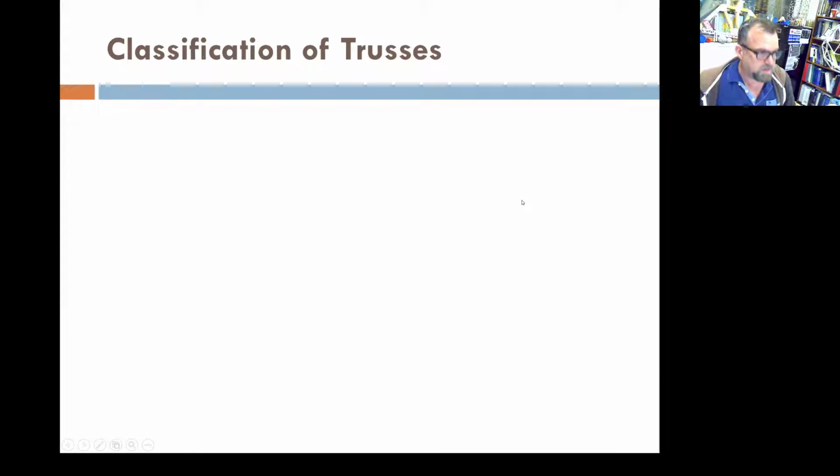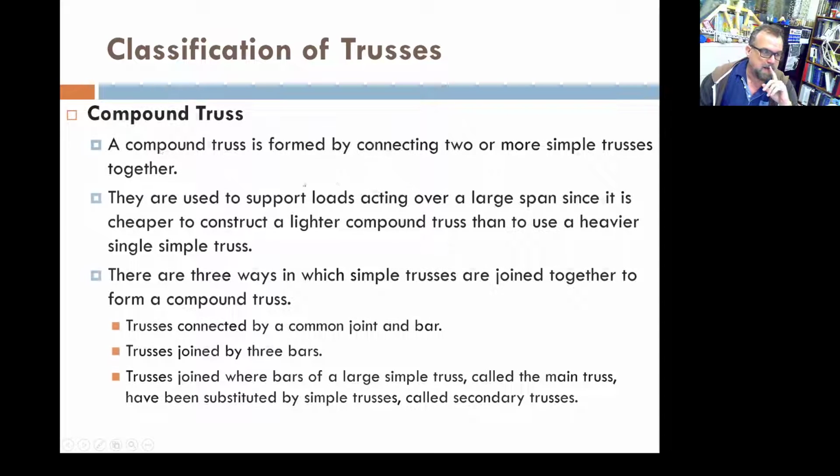Classification of trusses. Well, we already mentioned one of the trusses, a simple truss. Simple truss: if you are in 2D, 3 members connected by 3 joints. That's it, nothing else. Now you also have compound trusses, and there are different types of compound trusses.